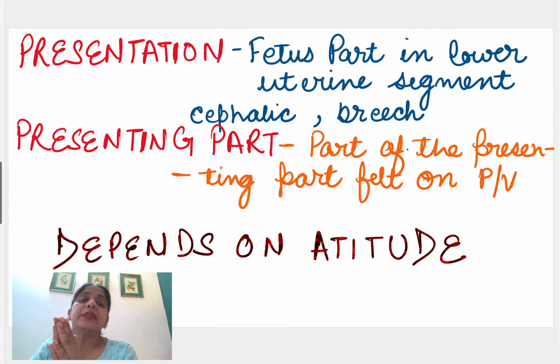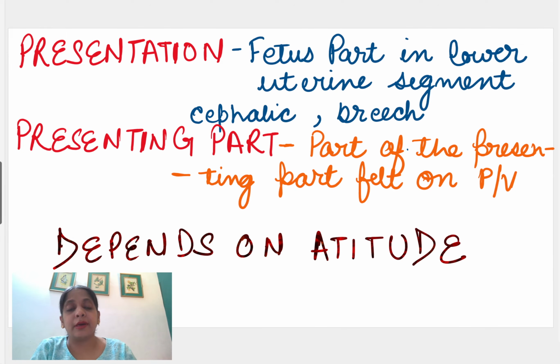Presentation means which fetal part is in the lower uterine segment. If this is the fetus and this is the uterus, which part is in the lower uterine segment? It can be the head, it can be the pelvis. If it is the head, then we will say the presentation is cephalic.